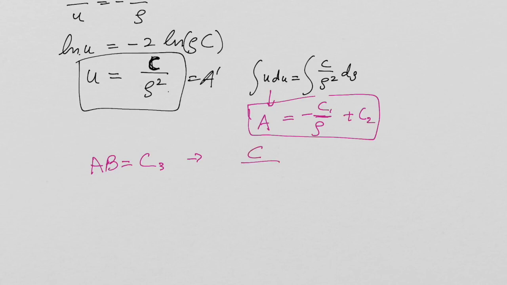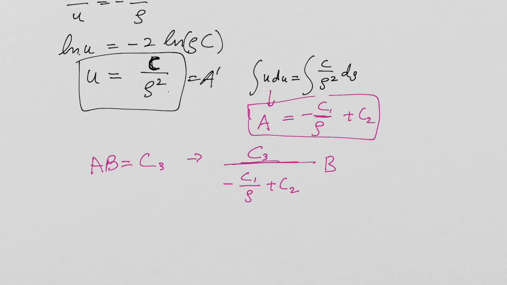So this means that C3 divided by A, which is minus C1 over rho plus C2, has to equal B, right? This is C3. So I can take C3 into the denominator, I just divide the top and the bottom by C3.